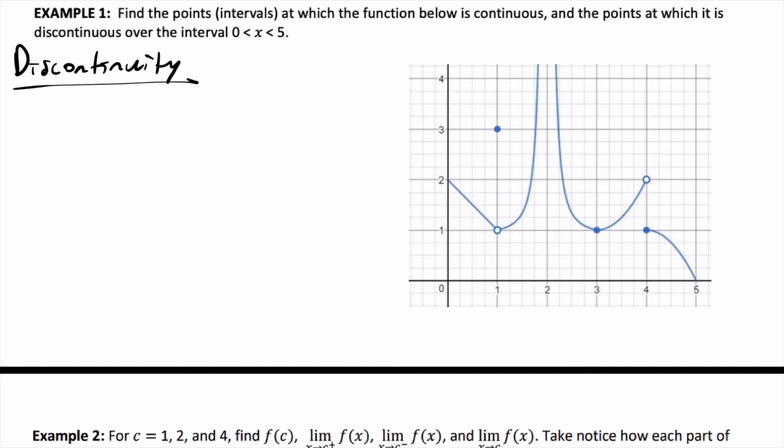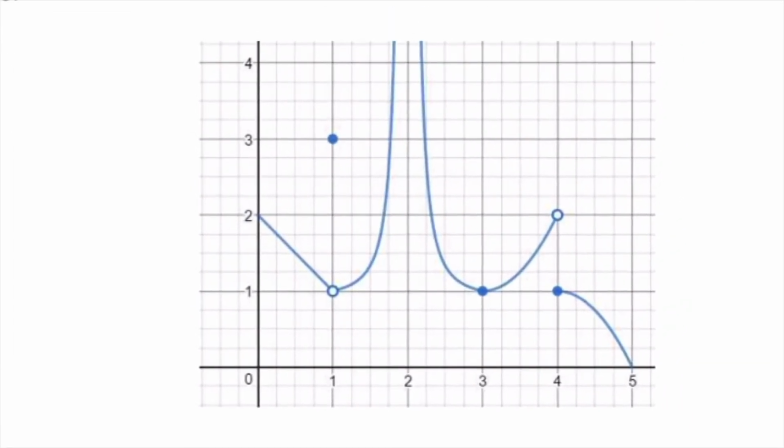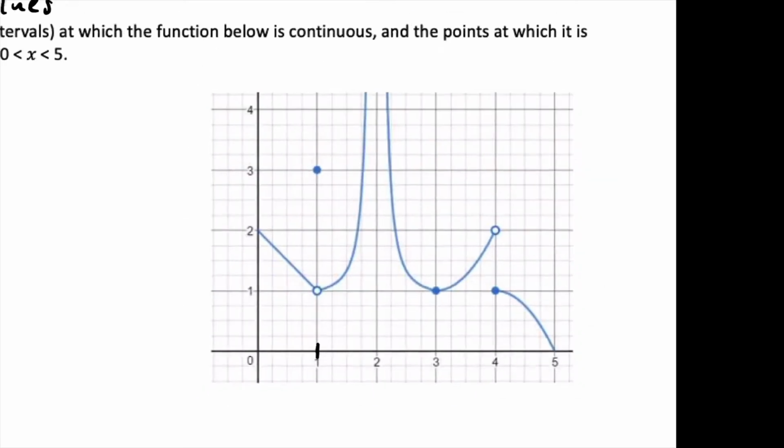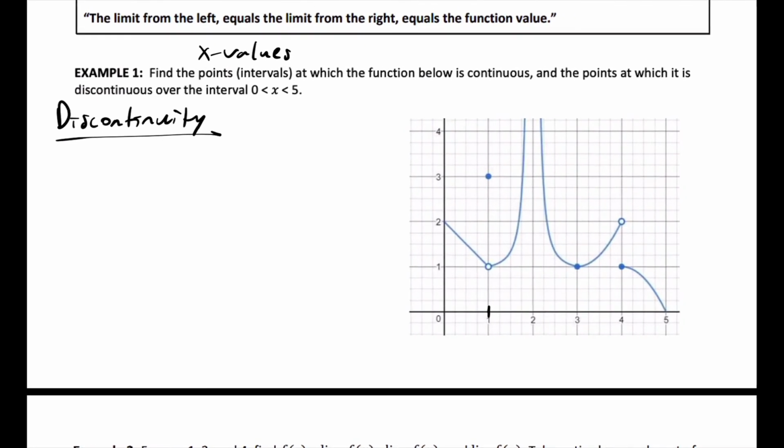Where are the points of discontinuity? X equals what? Or as x is approaching what? What's one point? X is 1? Yeah, when x equals 1, for sure, there's discontinuity there.